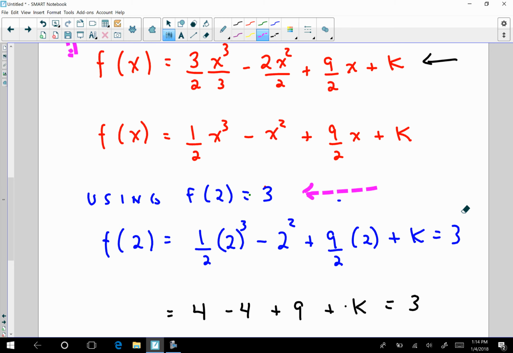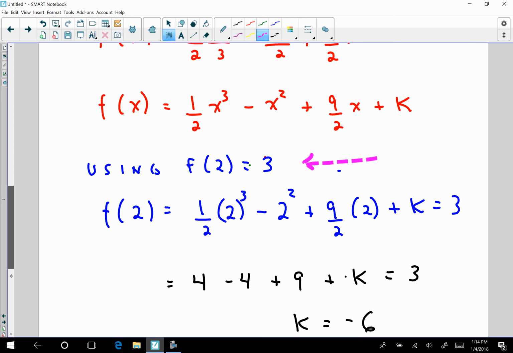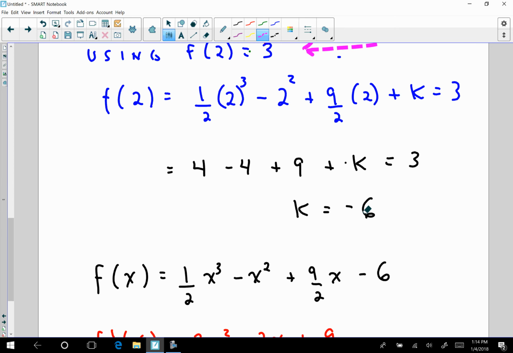Easy to see, this is going to be a nice problem. 1 half times 8 is going to be 4, minus 2 squared, minus 4. 9 halves times 2 is 9, plus k is 3. And I think it's easy to see that k will equal negative 6.